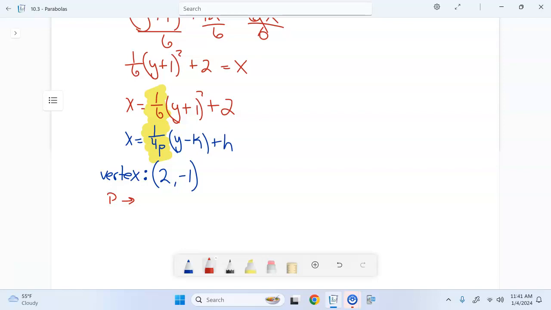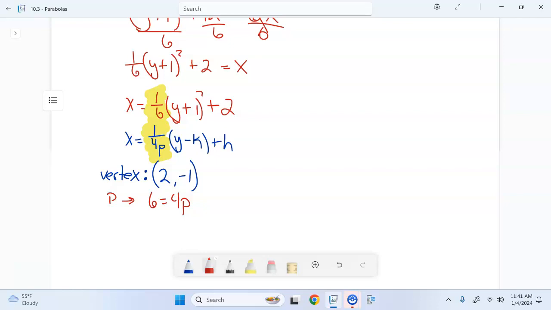Back up a step. If 6 has to be 4p, 6 equals 4p. Divided by 4. That's how you get p. Yeah, but don't just jump straight to the answer without any steps in between.